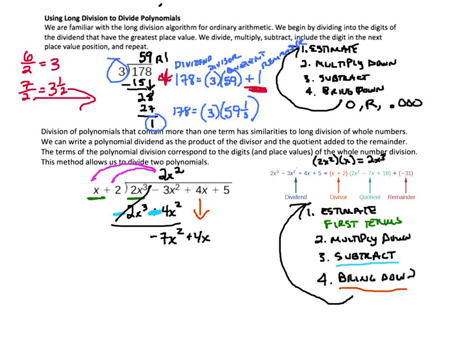Same thing here. Repeat as many times as needed until you either end up with a remainder or no remainder. There's no more columns left to bring down. So I'm back focusing on first terms. What do I have to multiply x by to make negative 7x squared? That is negative 7x. Multiply back down here and here.